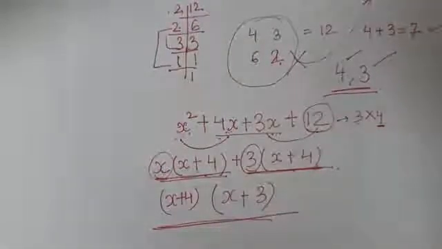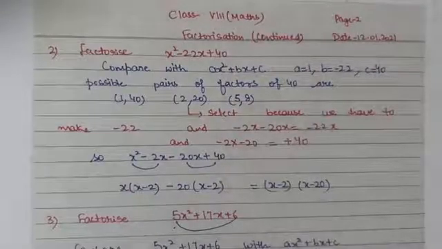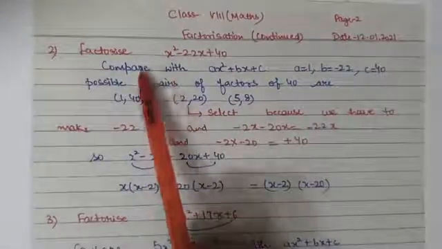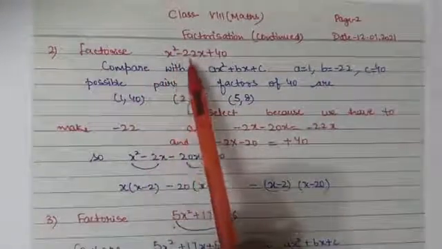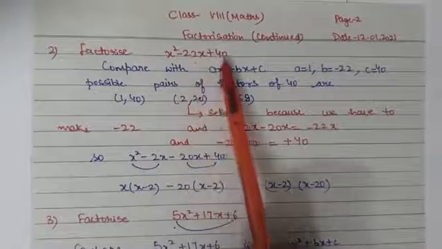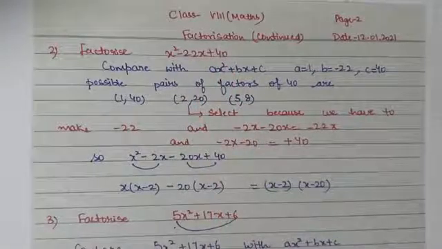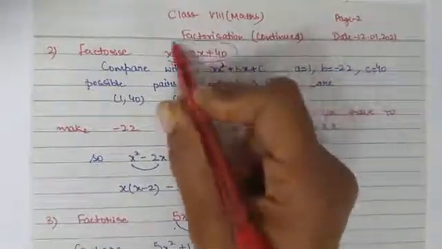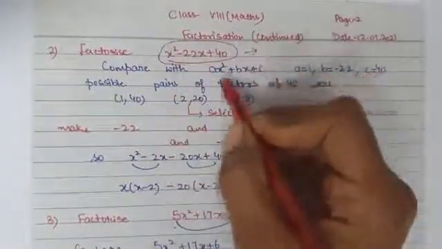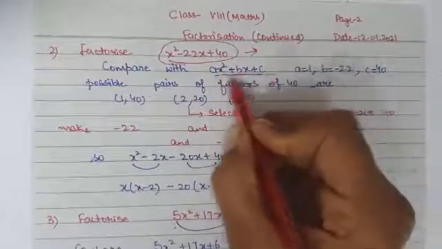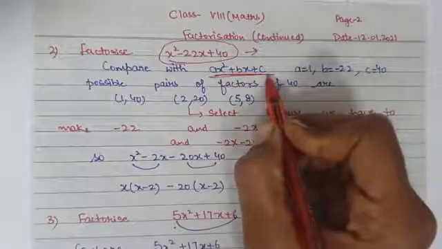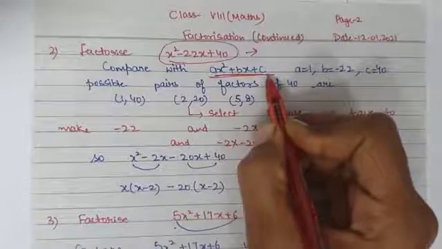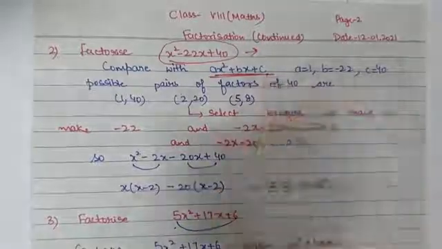Clear? The next question is factorize x square minus 22x plus 40. Now again we will compare the given polynomial with ax square plus bx plus c, as we have already done in the first question.